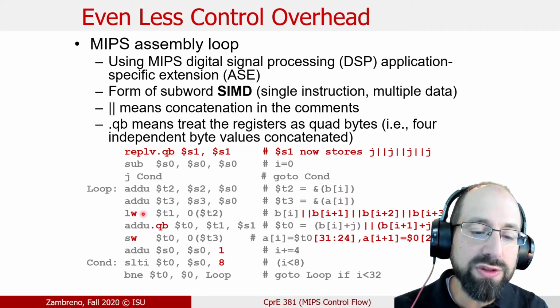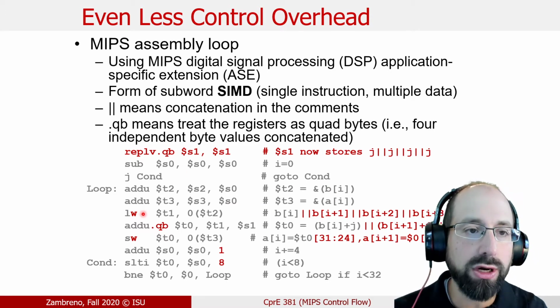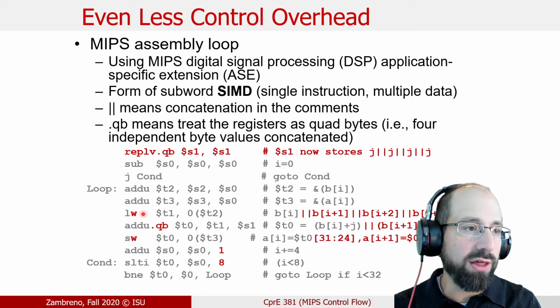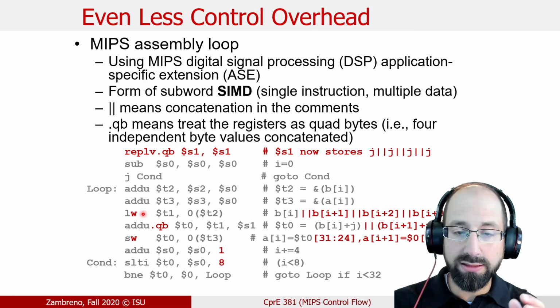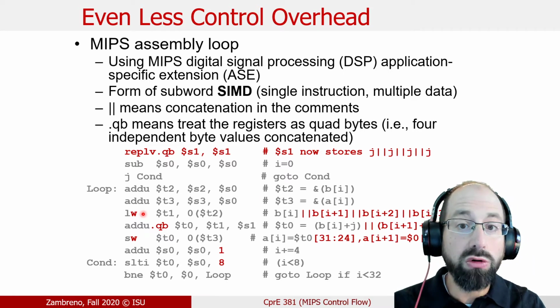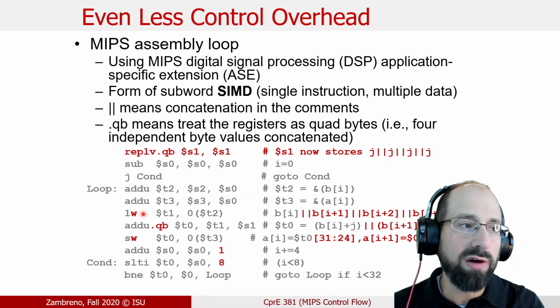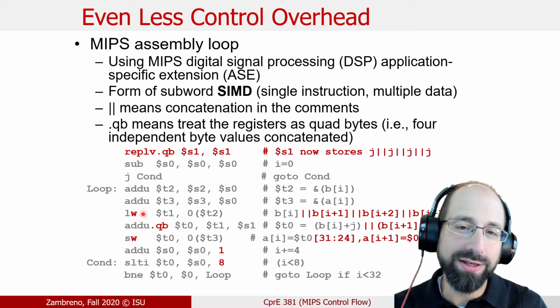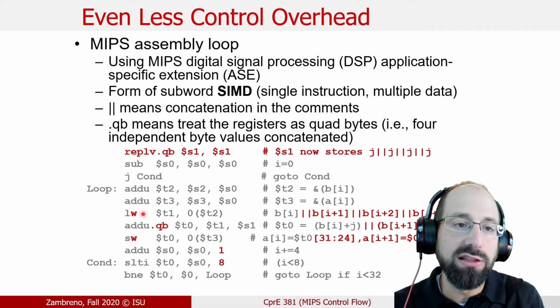We can still do the same load word and store word as we were doing before. Whether it's a 32-bit value that represents a 32-bit data value, or a 32-bit value that represents 4 8-bit values, the memory doesn't really know, and it doesn't really care. So we can use that same exact load word instruction.